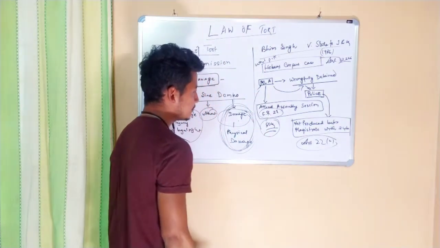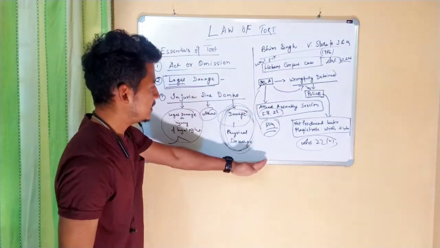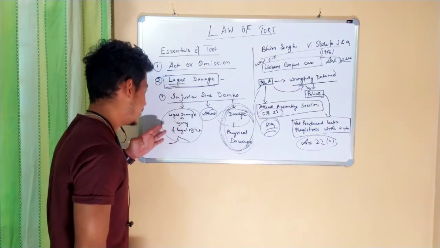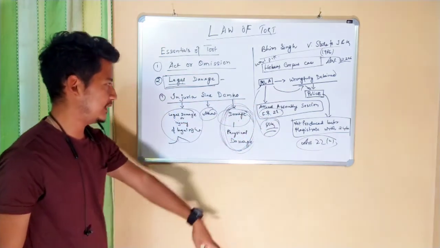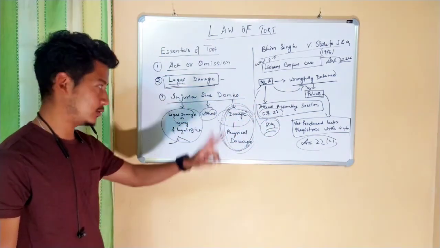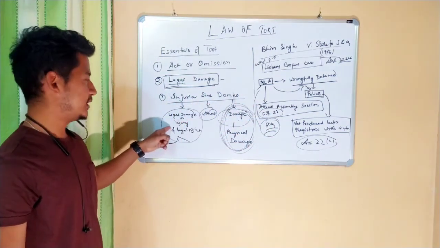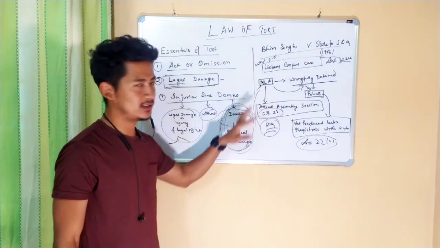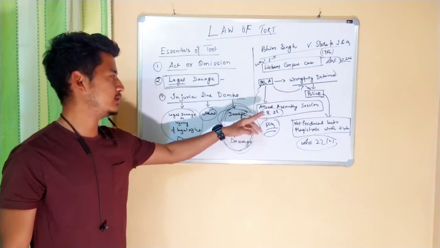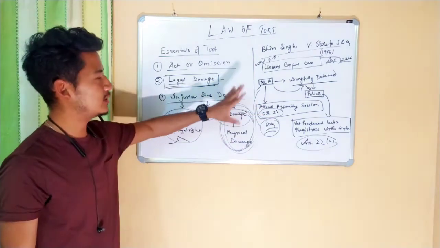Okay, so now if you see the scenario and compare it with this maxim, Bhim Singh's rights to attend the assembly and to be produced before the magistrate, two rights, were violated. That is a legal injury. But there was no damage. Just because he could not attend the assembly session, there is no big loss for him.